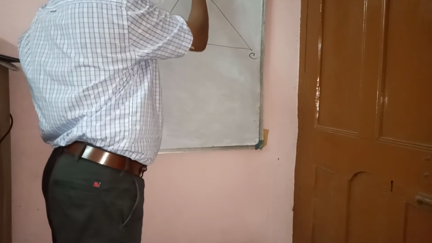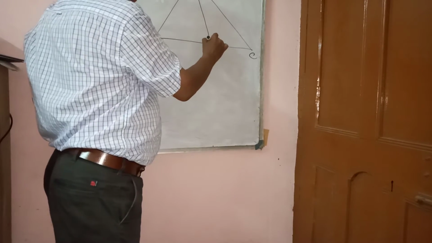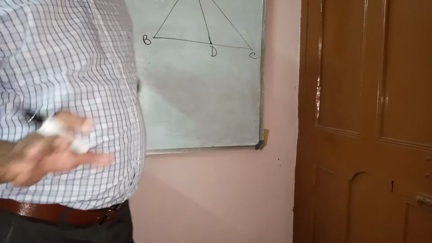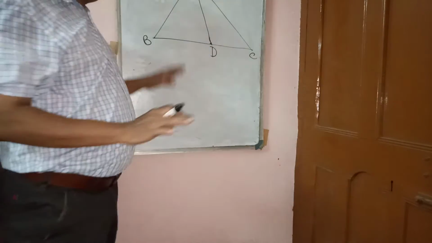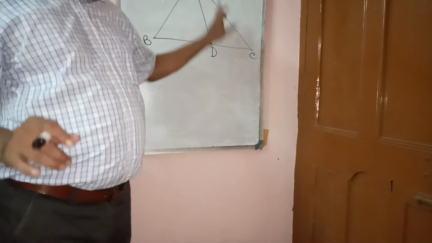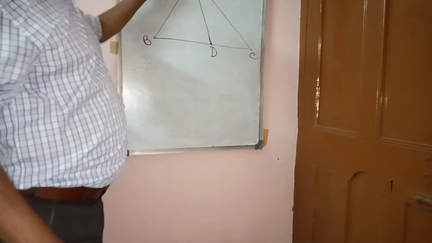Suppose I am taking here C. This is also one triangle, suppose D. See, triangle ABC, and ABD. Look at here, in between AD, C. Right. ABD. Okay. Now I am telling one thing.